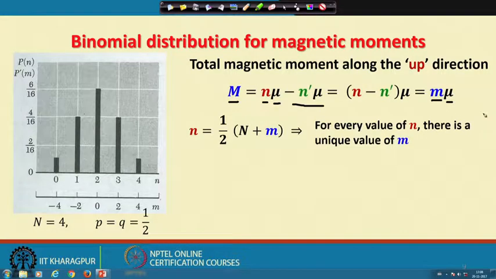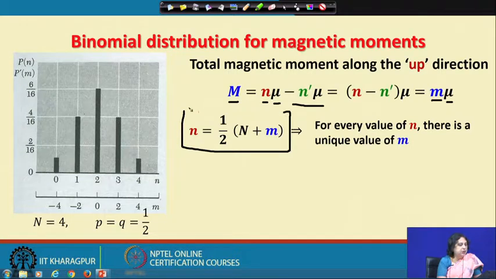It is then possible to do a little bit of algebra and show that initially we were using small n, and now I am going to use small m as my independent variable in my binomial distribution. For every value of small n, there is a unique value of m, given by this expression, and that follows from the definition of the total magnetic moment that I have used here.